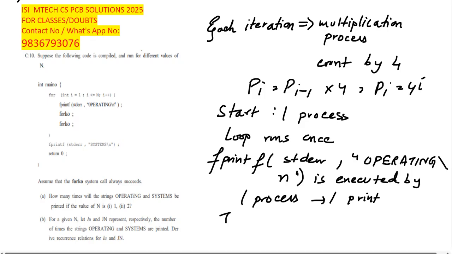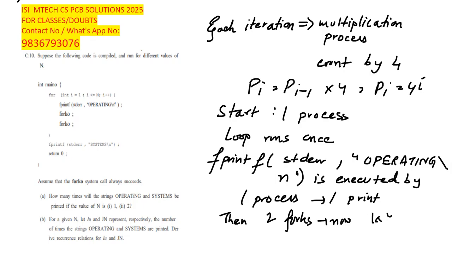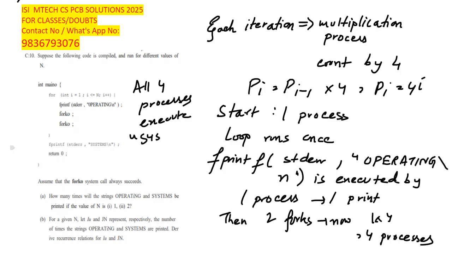Then 2 forks means now 1 times 4, that is 4 processes. All 4 processes execute "systems". So here "operating" is 1 and "systems" is 4. This is for n equals 1.